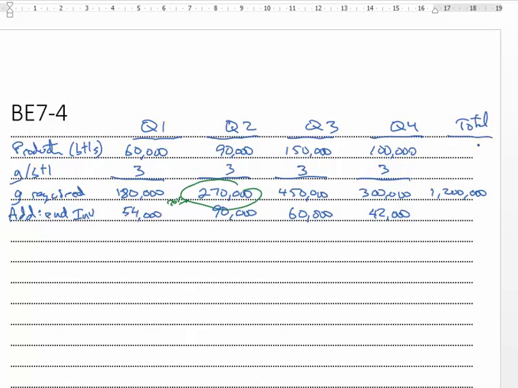And for the year, the ending inventory is going to be the ending inventory for the last quarter in the year, so that will be 42,000 as well.